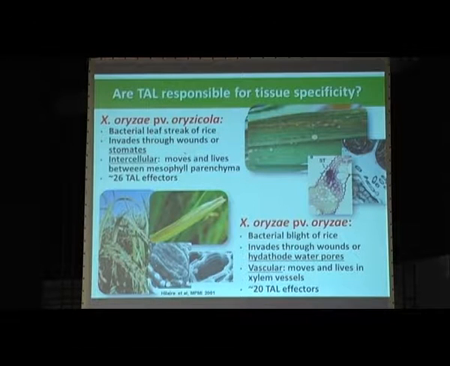Why doesn't it colonize the vessels like Xanthomonas oryzae? It's a very close relative. Xanthomonas oryzae, the bacterial blight pathogen, invades through the hydathode water pores, which are on the surface of the leaf, and then it gets into the vessels, and it colonizes the vessels and causes a vascular disease rather than a leaf spot type disease.